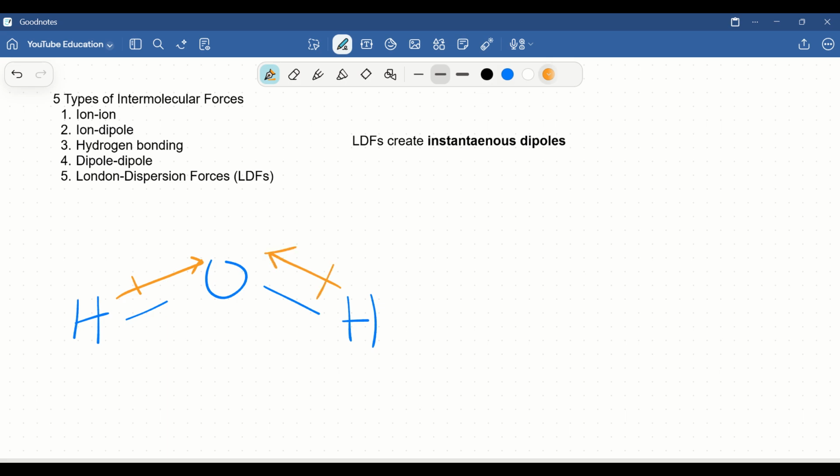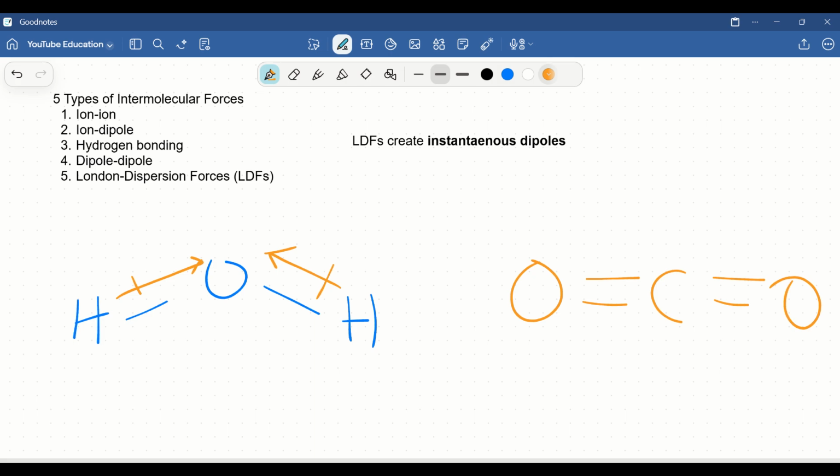Even a nonpolar molecule like carbon dioxide, where there's no dipoles or no net dipole, for a fraction of a second, molecules, whether they're nonpolar, polar, or ionic, create a very temporary dipole, because whenever electrons move in atoms or bonds, there's always going to be a region of positivity and negativity, which is what dipoles are.